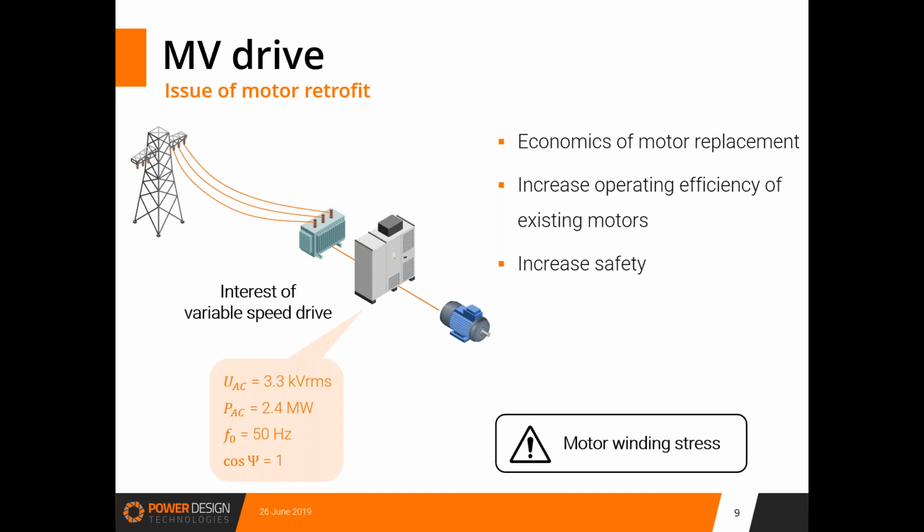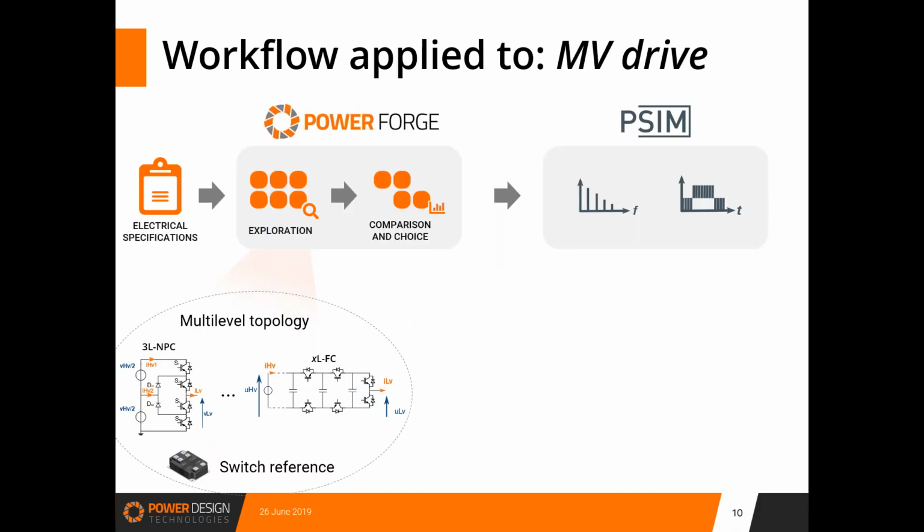So the requirements of the drive we are going to consider are the following: phase voltage of 3.3 kilovolts, a power of a little bit more than 2 megawatts, and an AC frequency of 50 hertz. We are going to apply the previously described workflow to this example of a medium voltage drive.